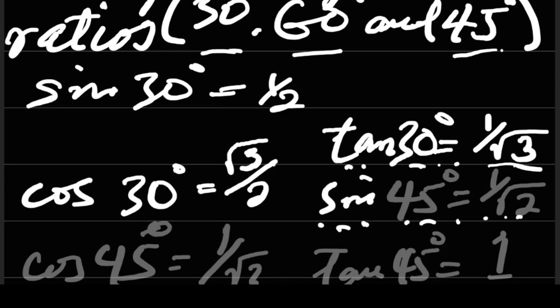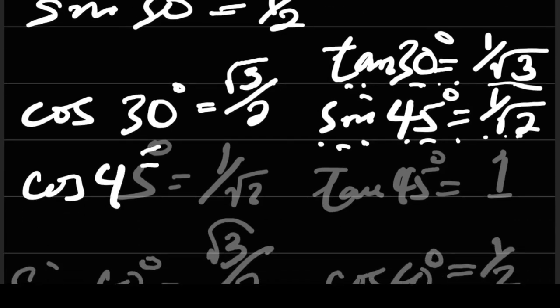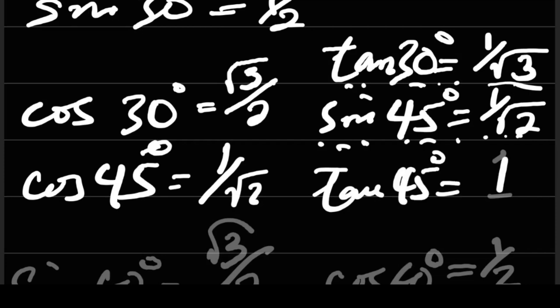Sine 45 degrees is 1 over root 2. Cos 45 degrees is also 1 over root 2. Tan 45 degrees is 1.